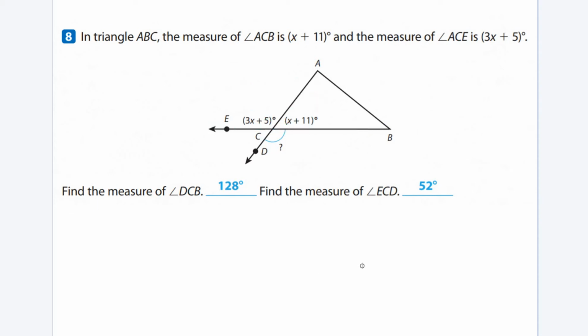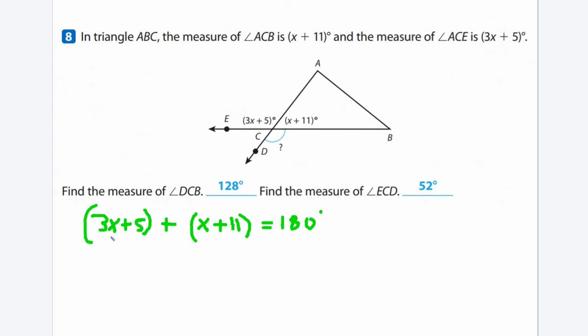So, now that we know these are supplementary, straight line, straight angle, we know that if we take 3x plus 5 and add x plus 11 together, they'd make 180 degrees. We know that. Okay? Now let's solve it.